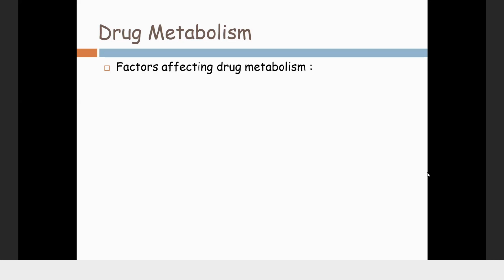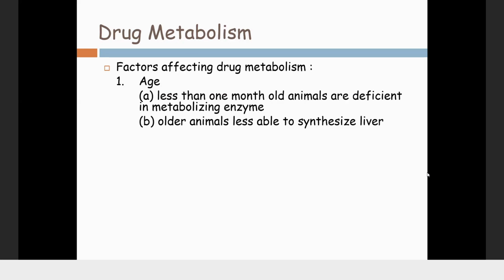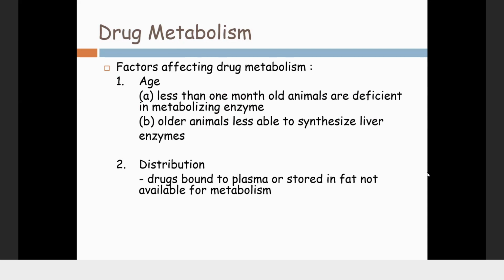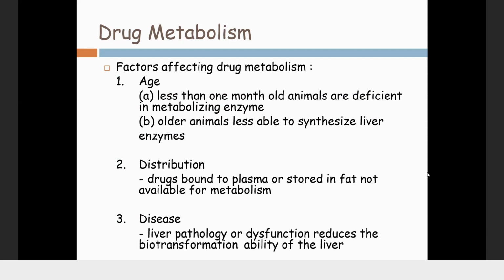Okay, right. So now we look at factors that affect drug metabolism. Number one, age of the animal. Animals less than 1 month old are deficient in metabolizing enzyme.